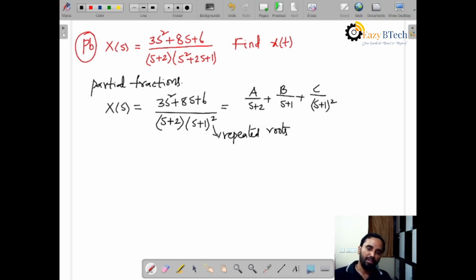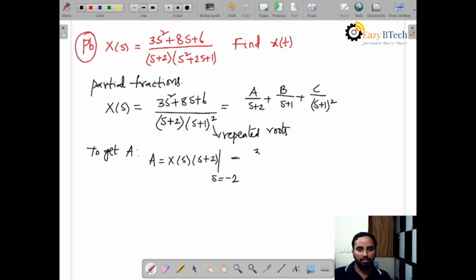So the way of finding a, b, c is important. So how to calculate the a value? a is equal to x of s multiplied by (s plus 2), and after multiplication substitute s equal to minus 2. In this process we get the a value.